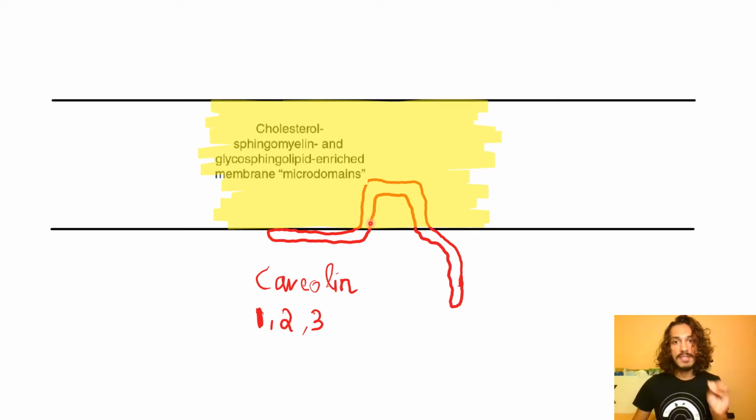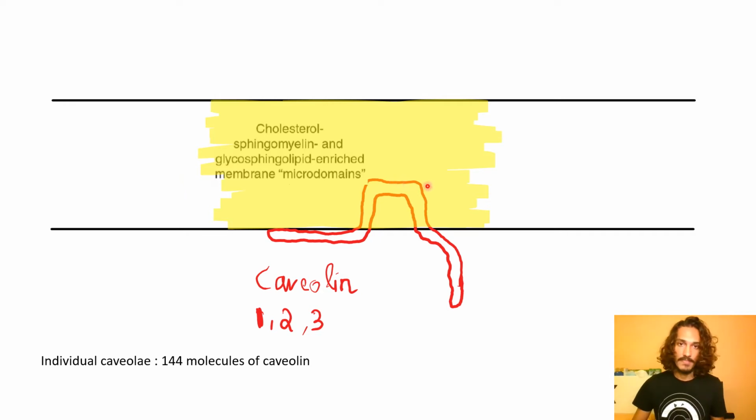Now caveolin is this integral protein, and together with the lipid raft it forms what is called the caveolae. An individual caveolae has around 144 molecules of caveolin. In this caveolin structure, you can see that one side of it is attached to the lipid part.